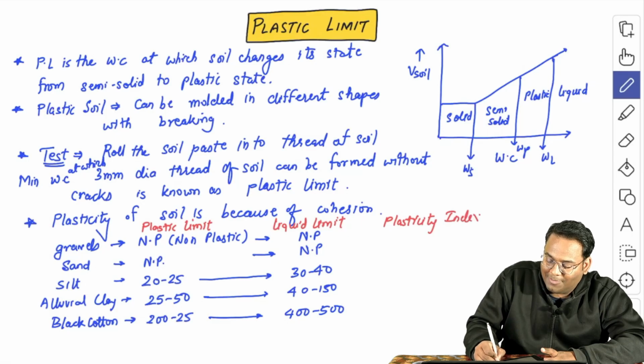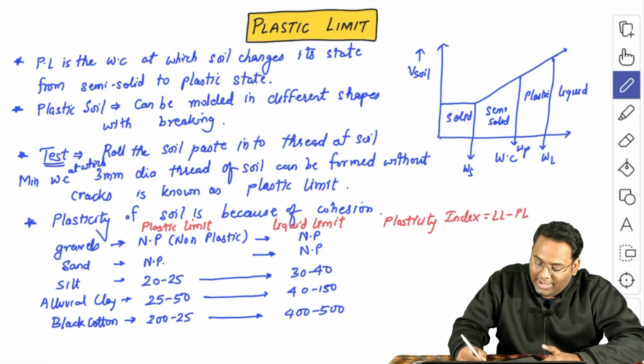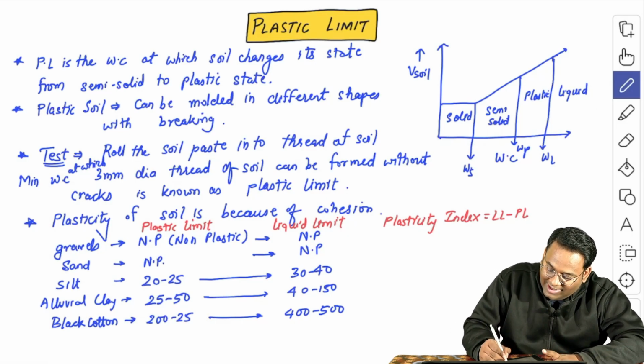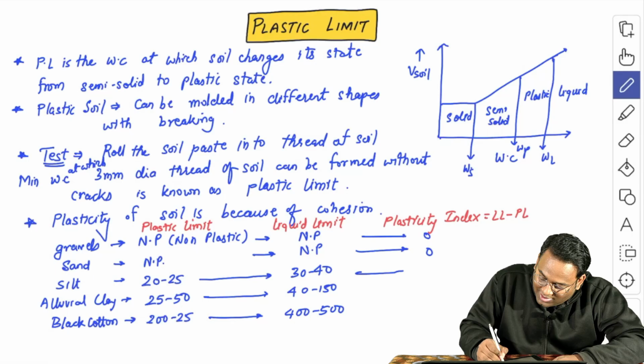But this plasticity index is nothing but the difference of liquid limit and plastic limit. So if I give you the values of plasticity index, then for sand and gravel the value of plasticity index will be equal to 0, but for silt its value will be between 10 to 15.